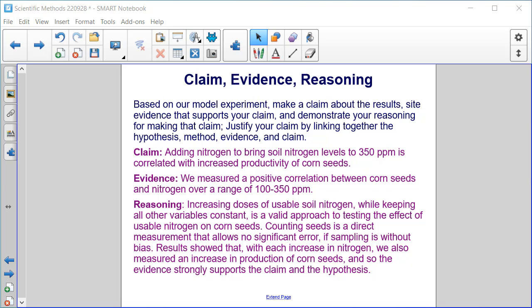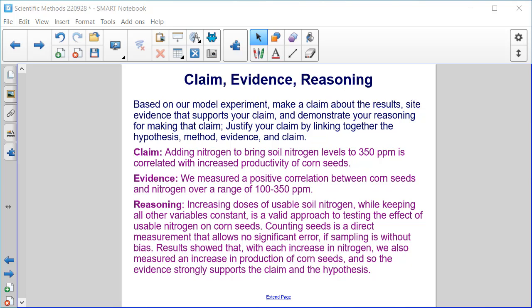Claim. Adding nitrogen to bring soil nitrogen levels to 350 parts per million is correlated with increased productivity of corn seeds. Evidence. We measured a positive correlation between corn seeds and nitrogen over a range of 100 to 350 parts per million. Reasoning.